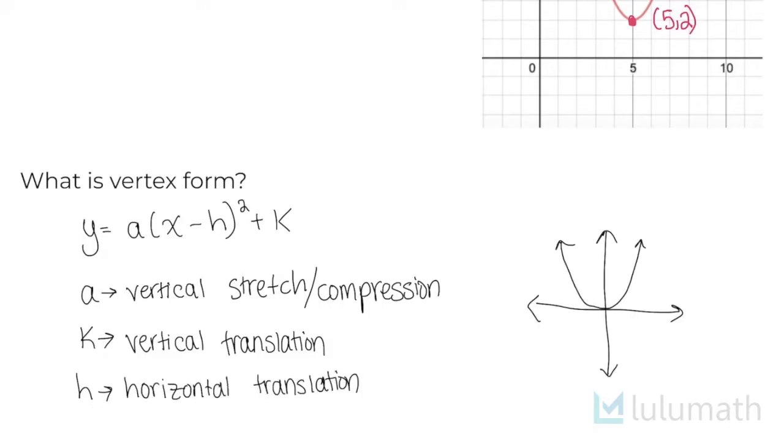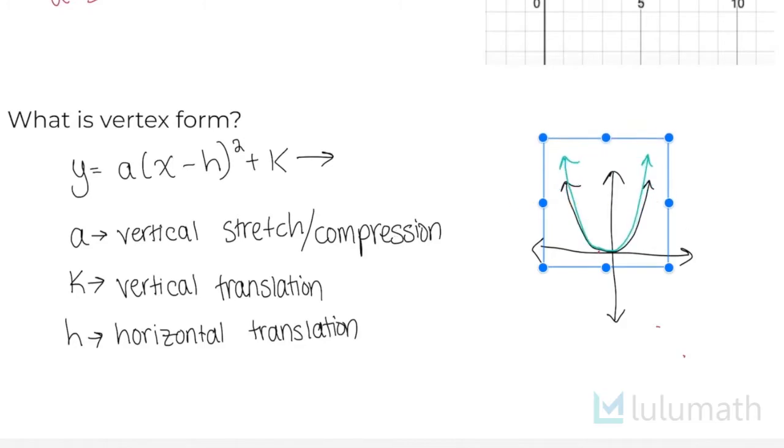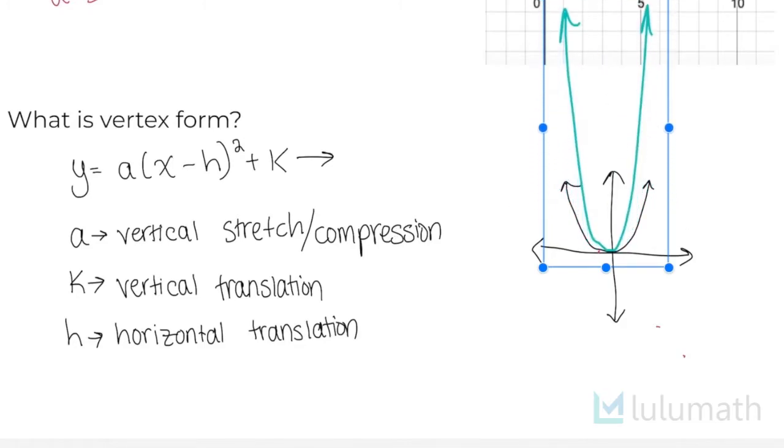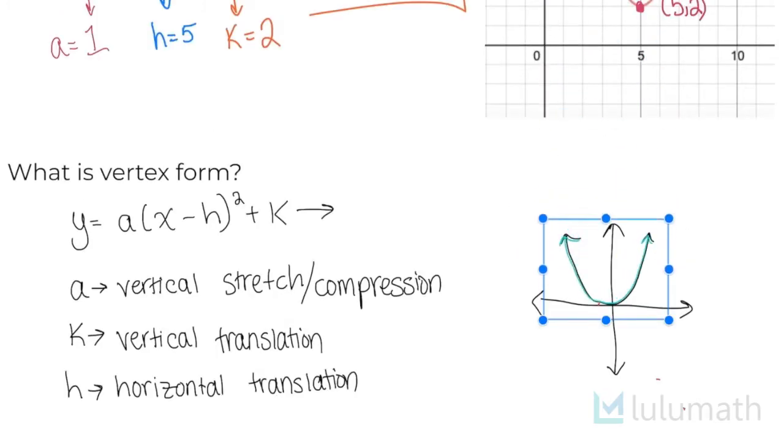If I'm given a parabola that looks as follows, I can vertically stretch it, I can vertically compress it, I can translate it vertically, and I can translate it horizontally. If I were to vertically stretch or vertically compress my parabola, if you notice, the vertex is still in the same spot.